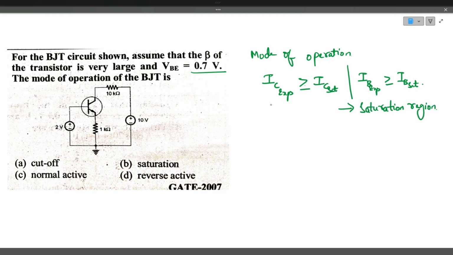So let's find out the IC expected value first. The IC expected value can be found by applying Kirchhoff's voltage law in the input loop. By applying KVL at the input loop, you will get VBB is equal to the base emitter voltage VBE plus the emitter voltage, that is IE into RE.